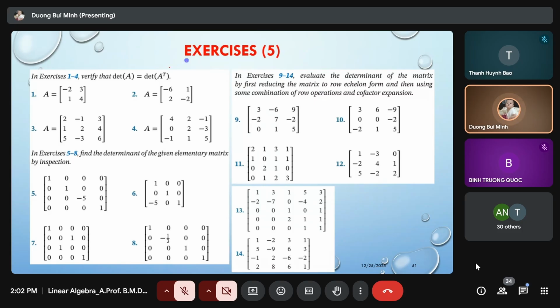Verify that the determinant of A is equal to the determinant of the transpose of A. Evaluate the determinant of the matrix by first reducing the matrix to row echelon form, and then use some combination of row operations and cofactor expansion. You can get the determinant.